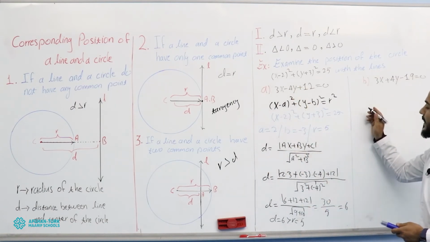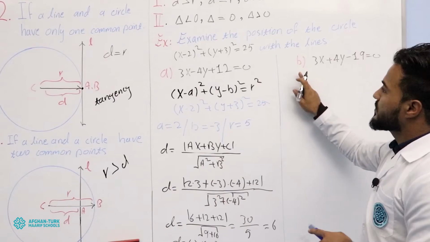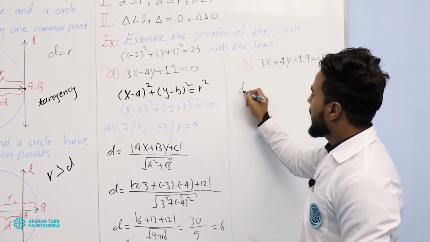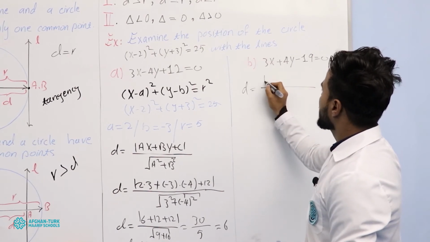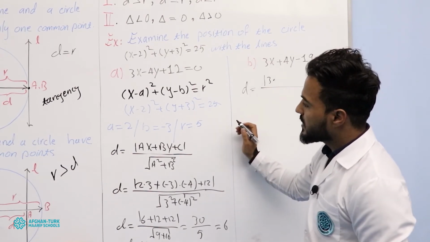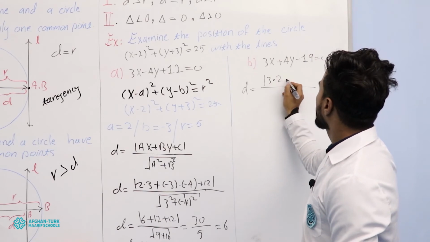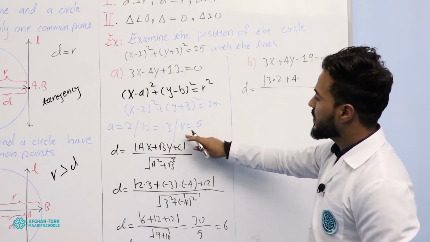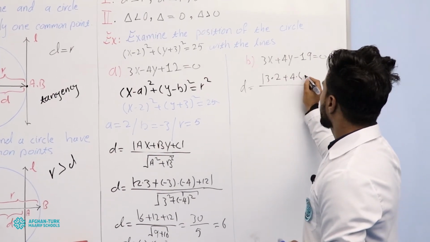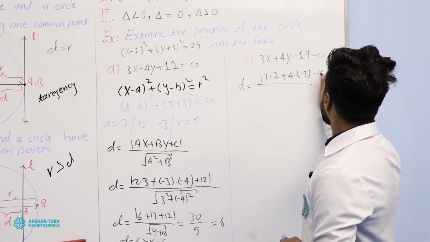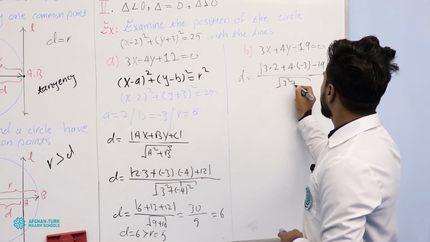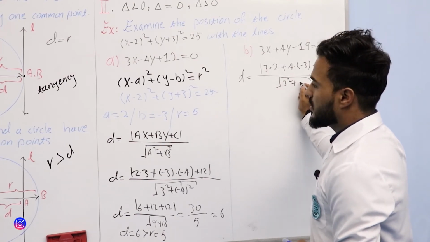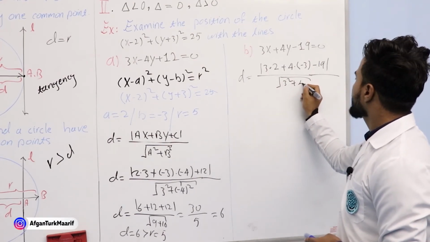Second question. Again, I'm going to find distance between this circle and this line. I'm going to use this formula. So in here we have 3 times x is equal to 2 plus 4 times y is equal to minus 3, minus 19 over the square root of 3 square plus 4 square.